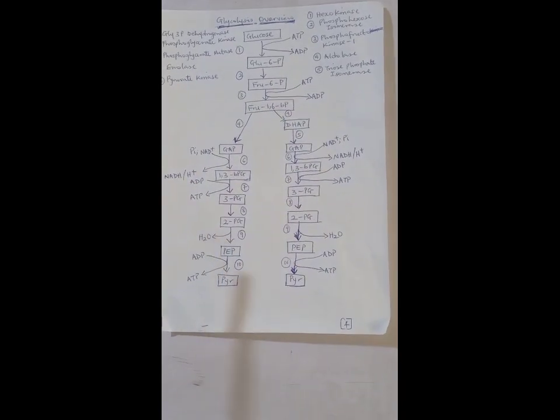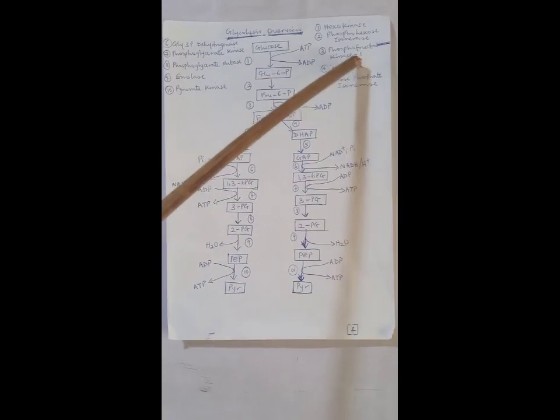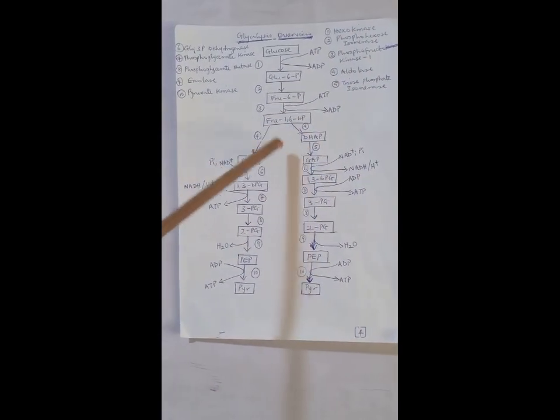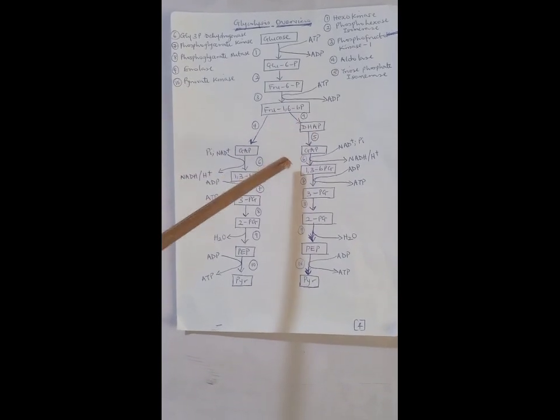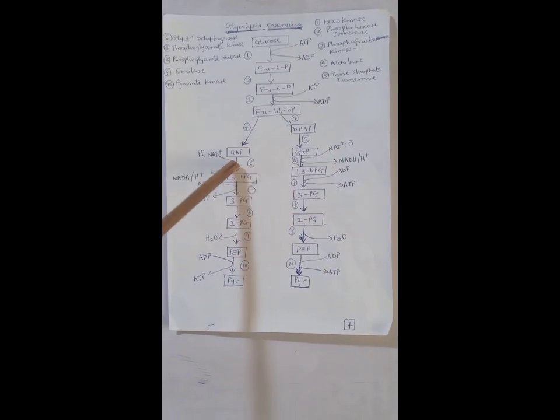And the fourth enzyme is the aldolase enzyme, which is responsible for the splitting of the fructose 1,6 bisphosphate right down the middle, producing 3 carbon units each of the triose sugars glyceraldehyde 3-phosphate and dihydroxyacetone phosphate.